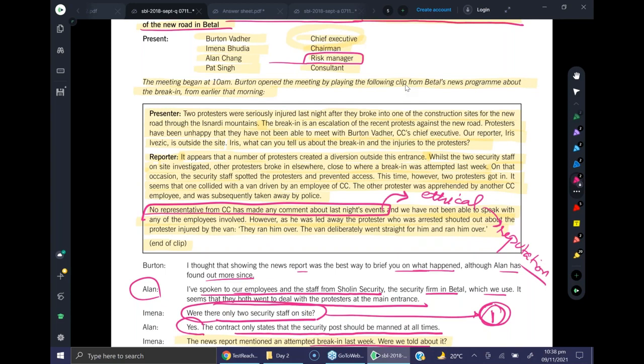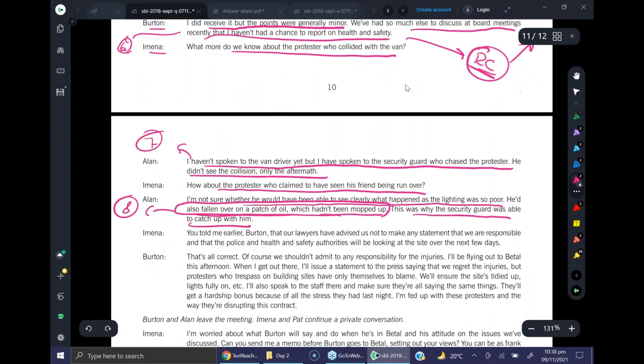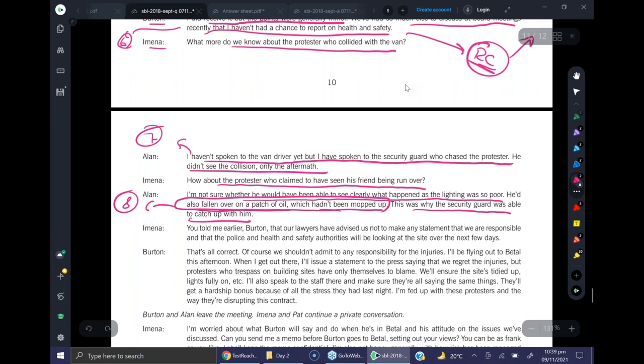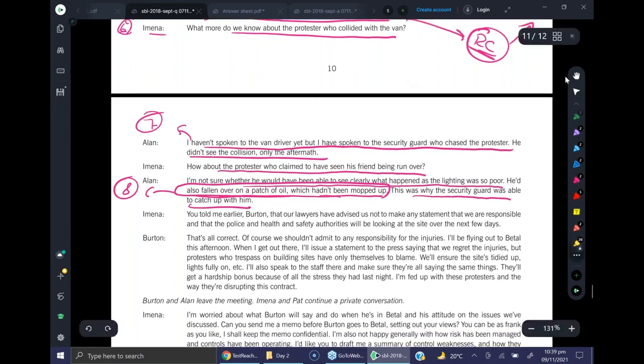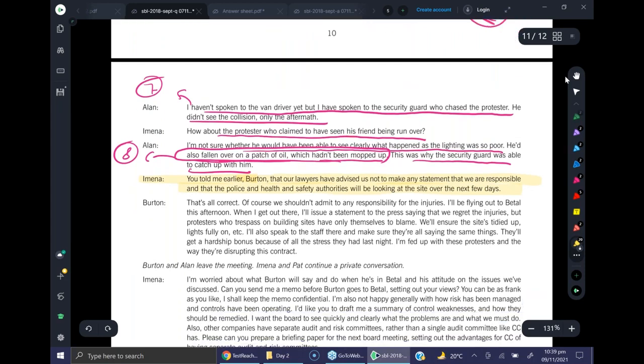Now let's read the rest of the exhibit to find more ethical issues. So Amina said that you told me earlier, Burton, that our lawyers have advised us not to make any statements that we are responsible, and that police and health and safety authorities will be looking at the site over the next few days. Burton, that's all correct. Of course, we shouldn't admit to any responsibility for injuries.